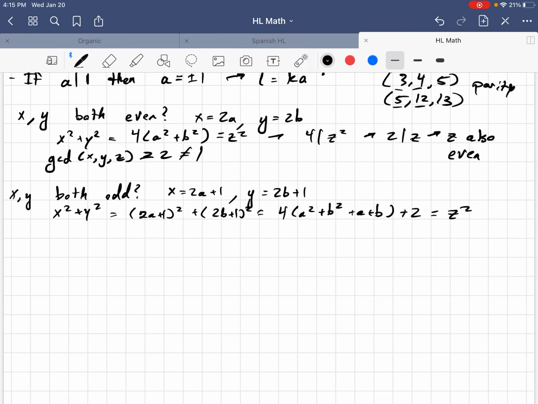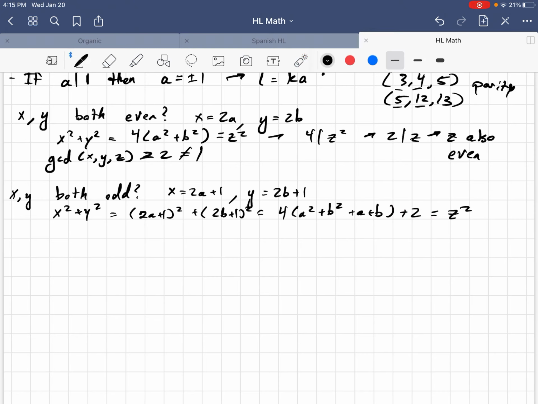Now, Z squared is a perfect square, right? And so this on the left side right here has a common factor of 2 in both of these terms. So Z squared would be a multiple of 2. So in other words, we have a perfect square that's a multiple of 2. But Z squared is not a multiple of 4 because of this plus 2 right here.